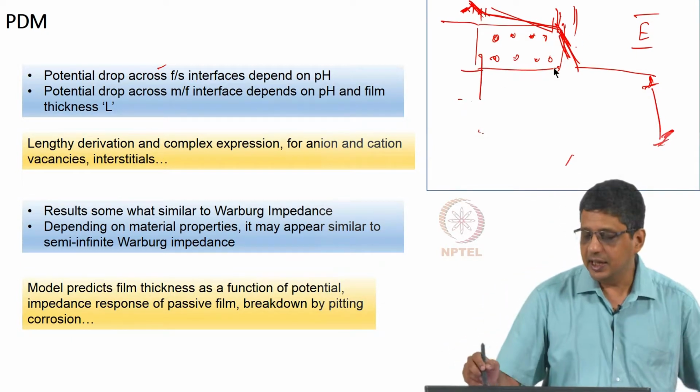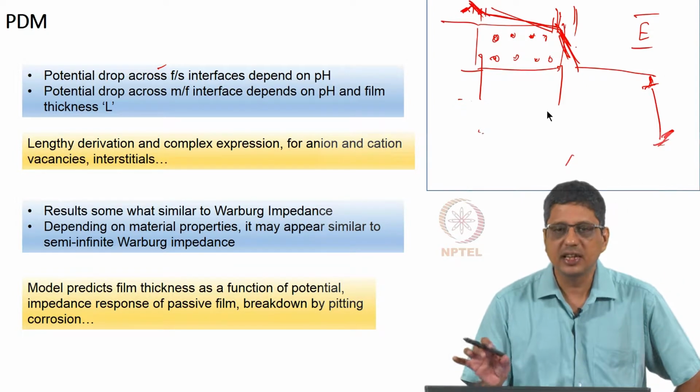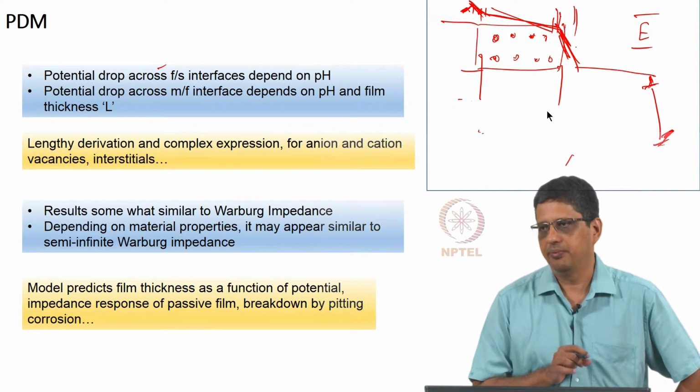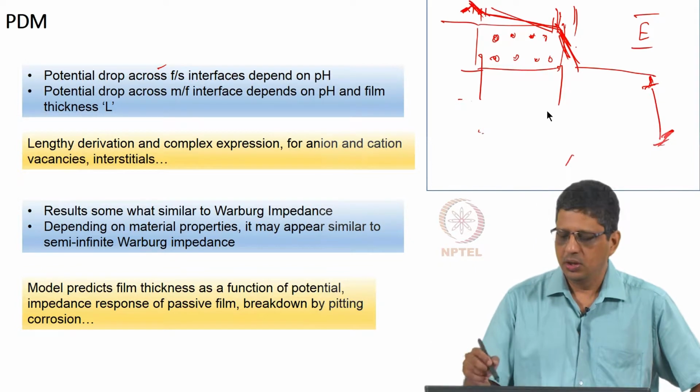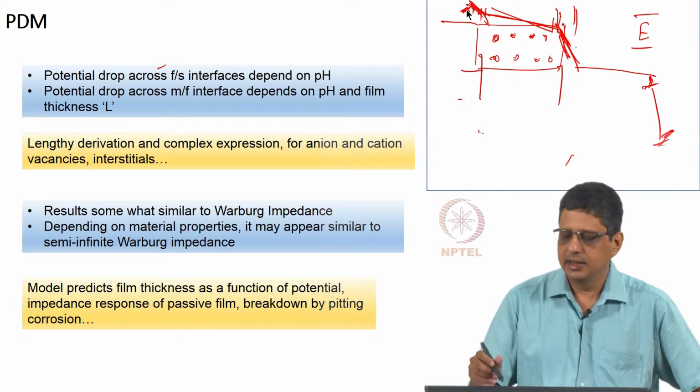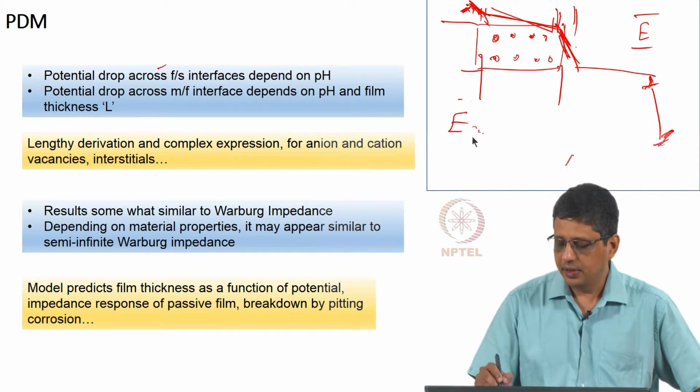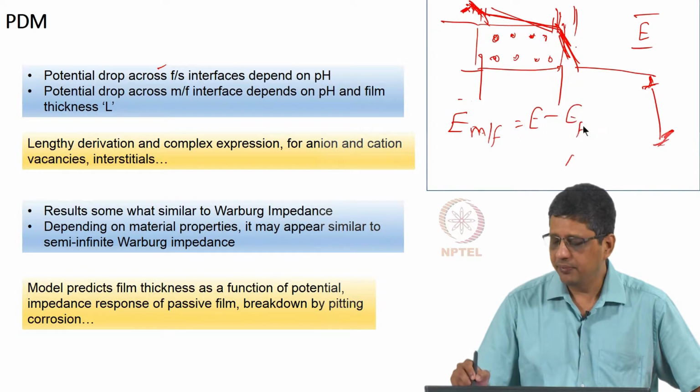How much occurs here basically depends on the thickness of the film and of course what we apply. How much occurs here, E metal film, is going to be basically E applied minus E film solution.